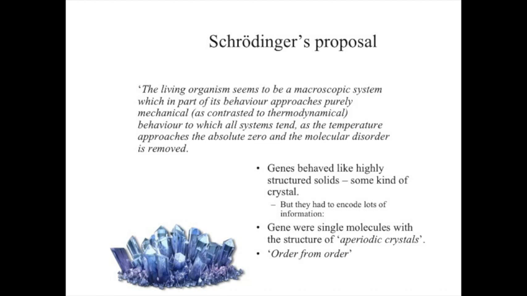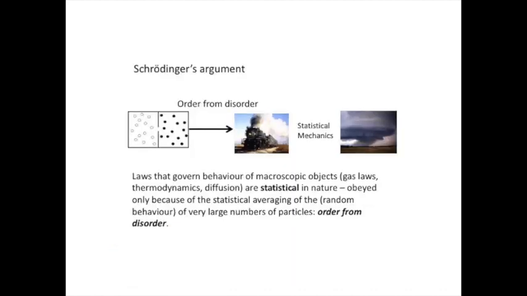So he claimed that genes behaved like a structured solid, some kind of crystal, but one that encodes information. He called genes aperiodic crystals, order from order. His argument really was that the laws that govern the macroscopic behavior of objects, such as steam trains, are actually statistical in nature.